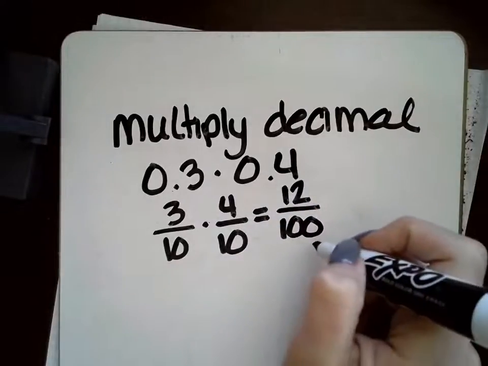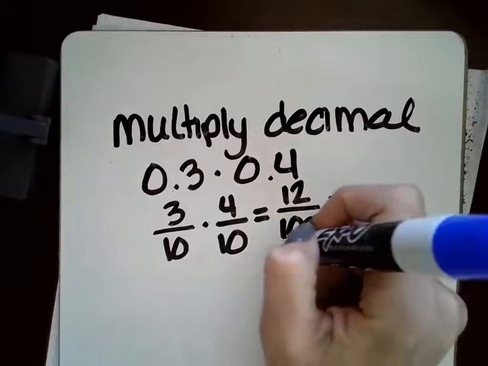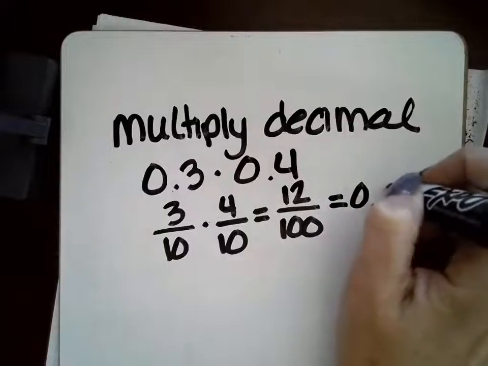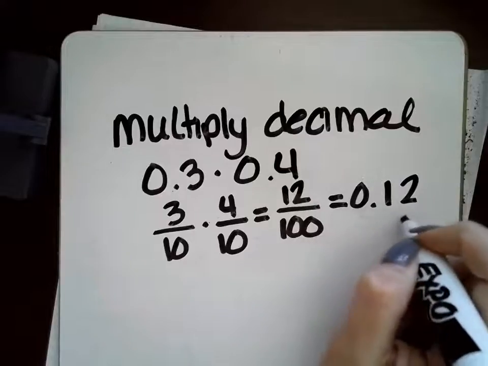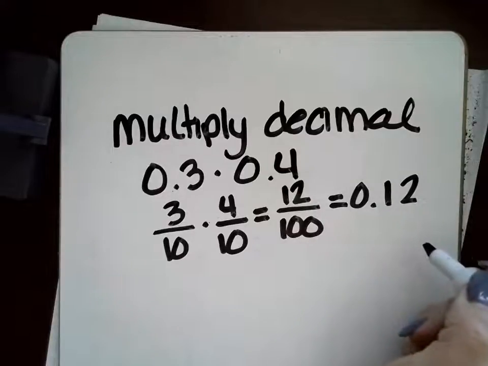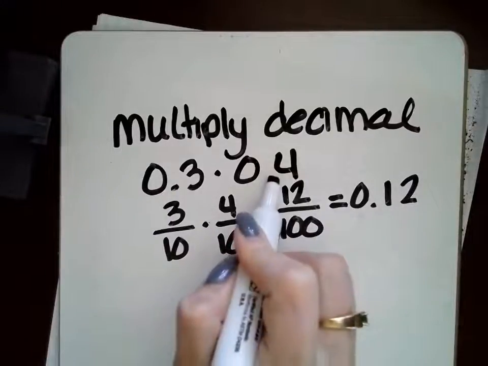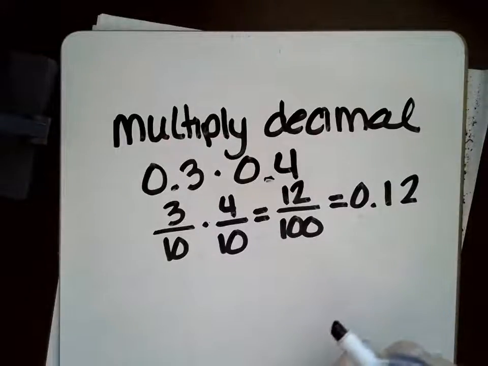Well, if we wanted to now take 12 over 100 and put it into a decimal, we've got to go out to our hundredths place. So we're at 0.12, 12 hundredths as a decimal. So this number has 1 decimal place, and this number has 1 decimal place, but our product has 2 decimal places.